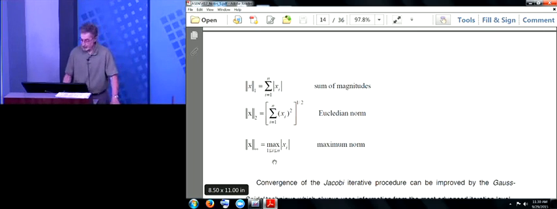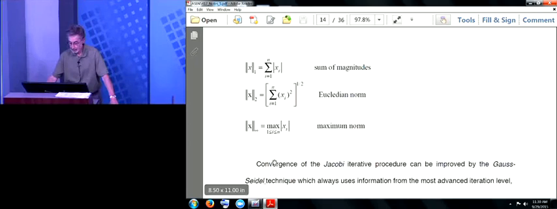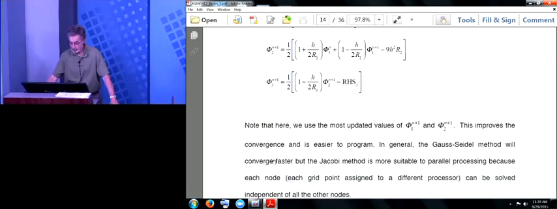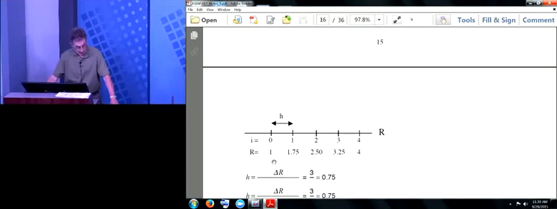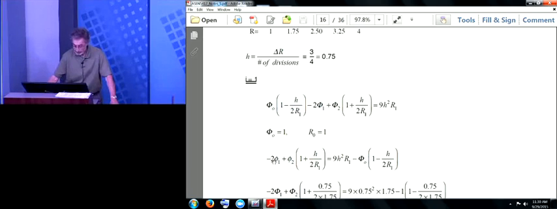Then we had on page 23, I'm showing you the errors so you know what I'm talking about. Okay. Page 23.